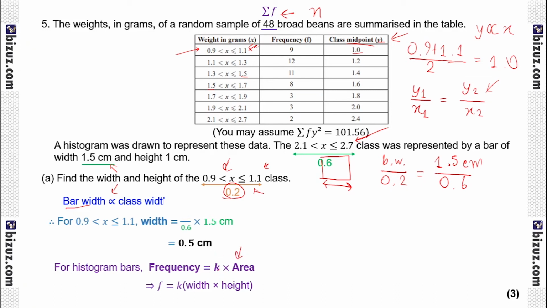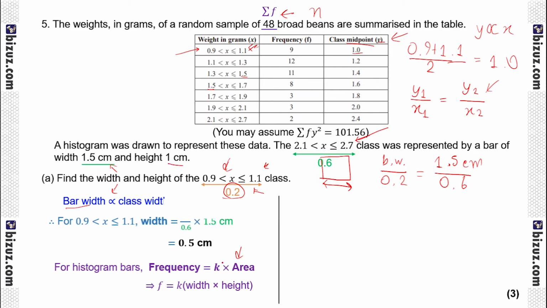One way to write that is, the frequency is k multiplied by the area. As an equation, you can write f equals k multiplied by width into height. We have the width and the height for one class, and here we're actually just going to use the width and height of the histogram.